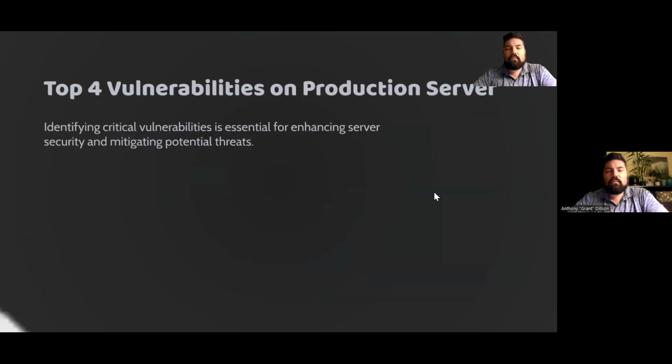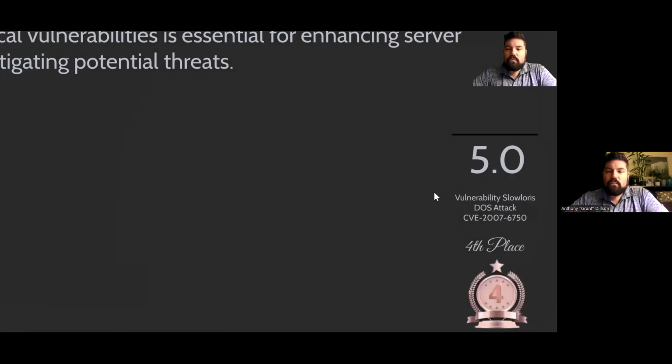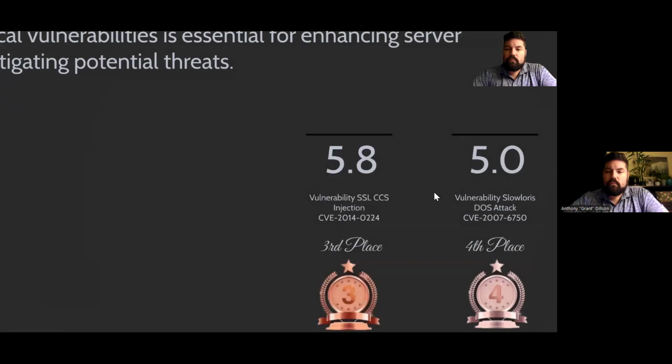With that, I also scanned for vulnerabilities. We have a ranking here of fourth to first, being the top four vulnerabilities. Coming in at number 4 is our Slowloris DoS attack. Number 3 is an SSL CCS injection.